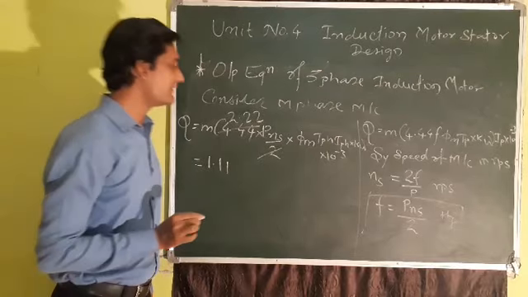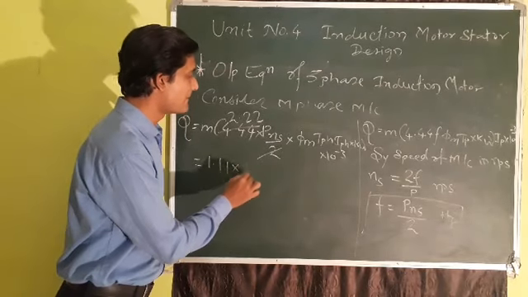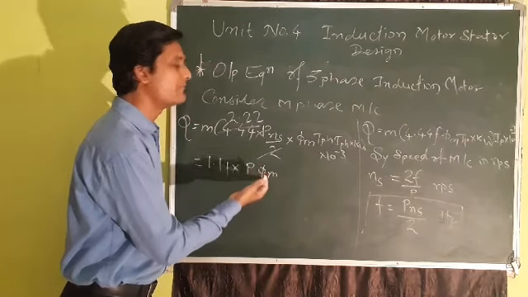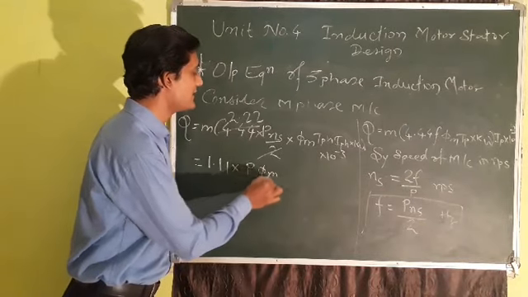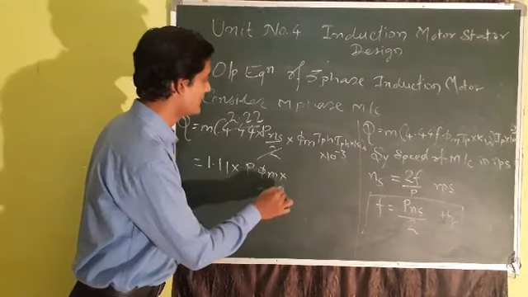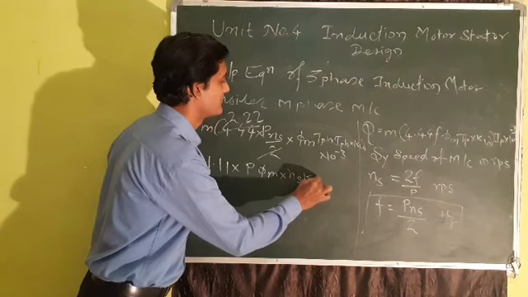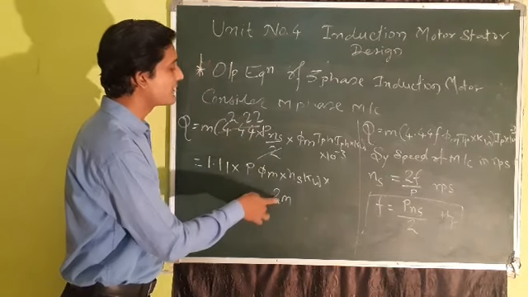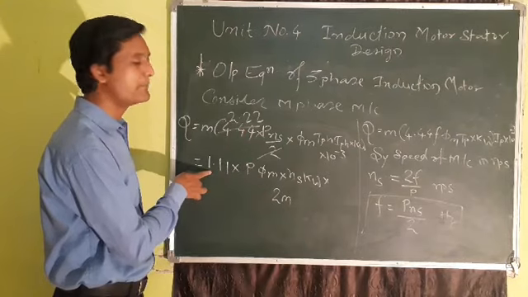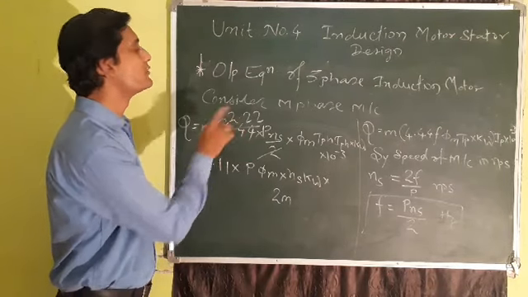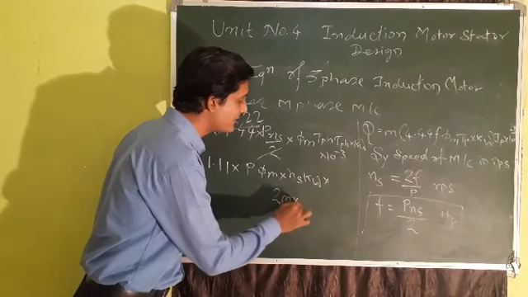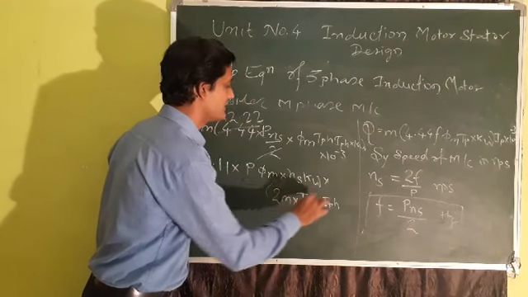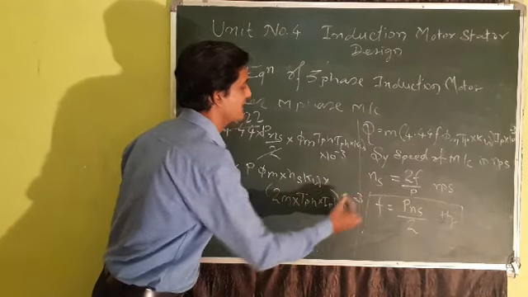So 1.11 into P phi, where phi m is the maximum value of flux, into Ns into Kw into twice m into Tph into Iph. This is one of the terms, into 10 raised to power minus 3.